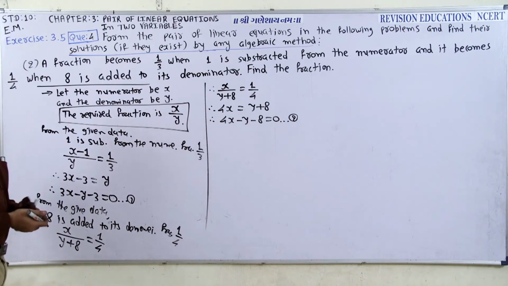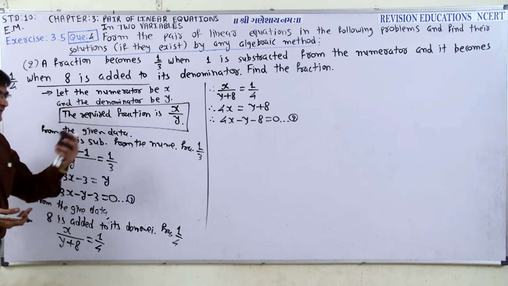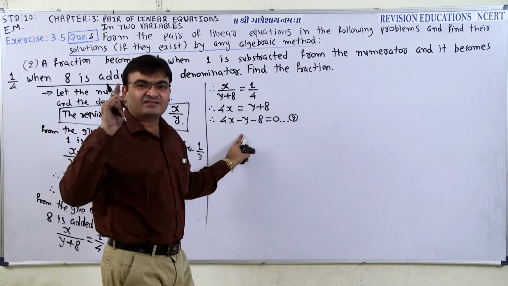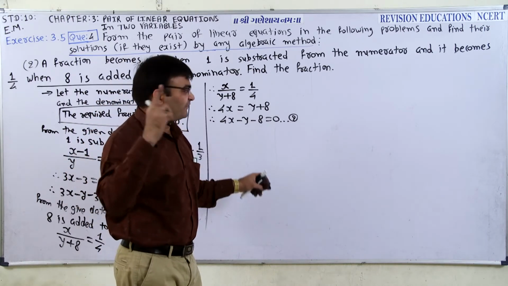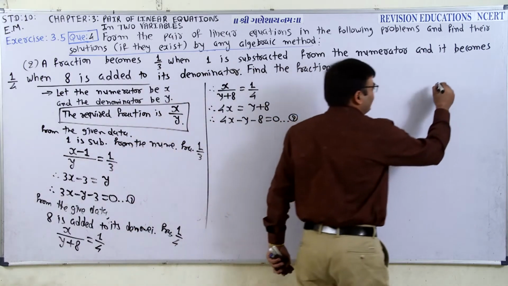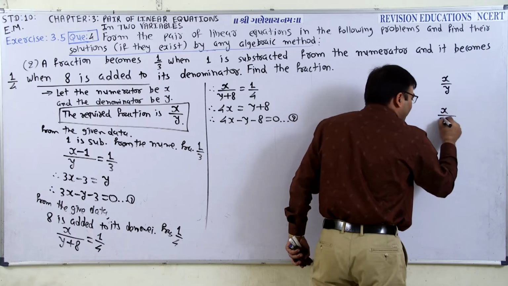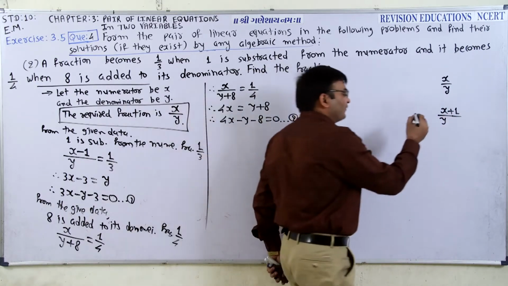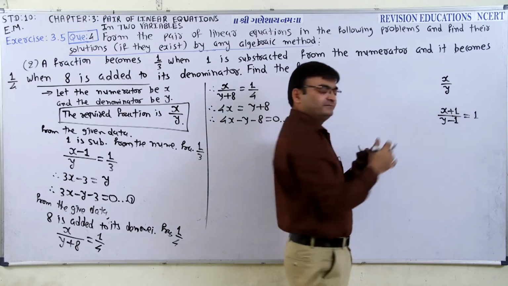Now friends, these two equations we solve using the method of cross multiplication, elimination or substitution. But before that, from exercise 3.4 question number 2, the first question was that the original fraction is x upon y. If we add 1 in the numerator and subtract 1 in the denominator, the fraction becomes 1.